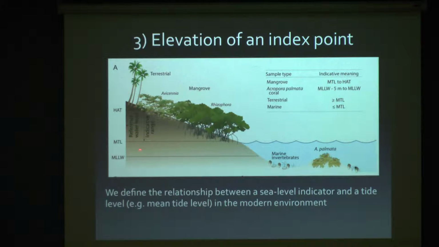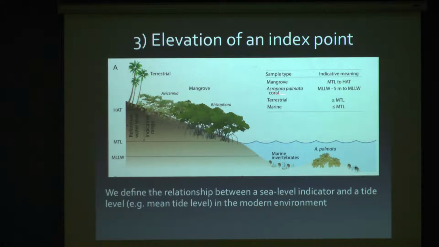It has an indicative range, and that's the vertical range that the indicator you're using occupies in the modern environment. And then the reference water level, which is just the midpoint of the indicative range. So for mangrove peats, we assign an indicative meaning of mean tide level to highest astronomical tide. And for Acropora palmata corals, we assign an indicative meaning of 5 meters below mean low water.